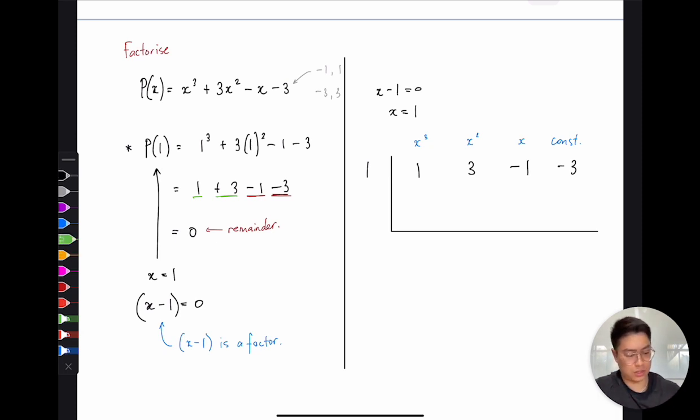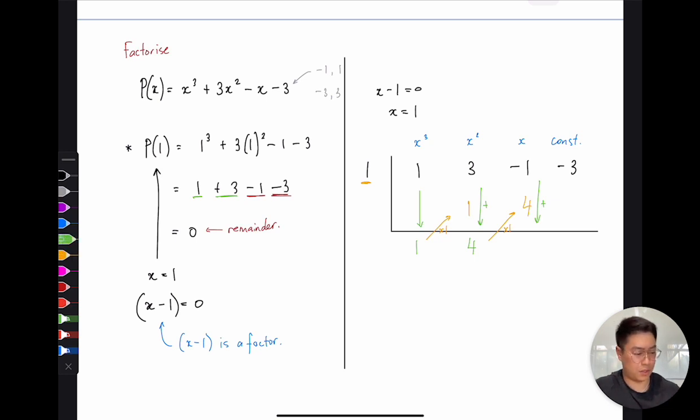We drag down this particular 1 first, and cross multiply with our divisor here, which is 1. 1 times 1 is 1. Follow the algorithm, add the values. 3 plus 1 is 4. Cross multiply with our divisor again. 4 times 1 is 4. Add vertically.